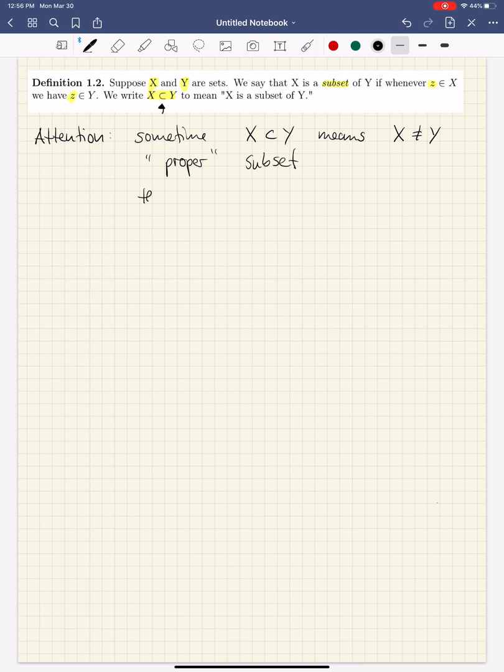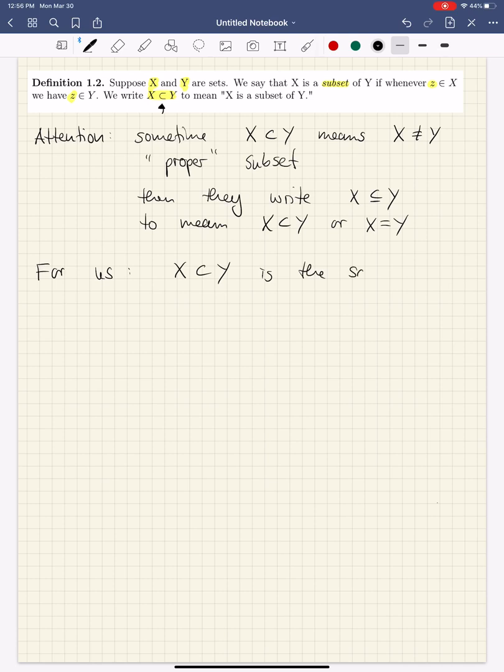And then they write X ⊆ Y, with a little bar underneath, to mean X subset of Y or X equal to Y. So important for us, X ⊂ Y is the same as X ⊆ Y with a bar. We do not distinguish between them.